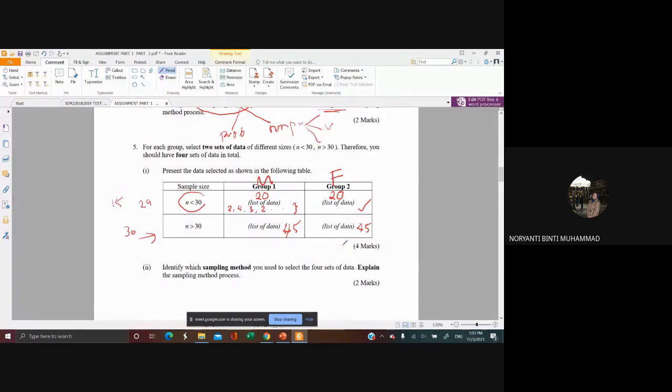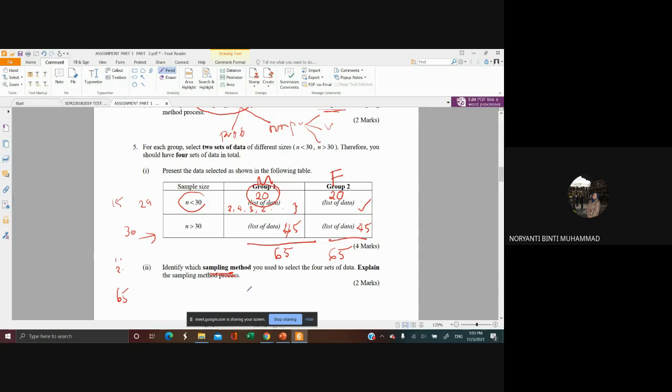Now, identify which sampling method you use to select the data set. Here, some students have the list of the data set from Excel, after you collect data using Google Form and you have raw data. From that raw data, you have listed the data. Let's say the total here is 65 male, 65 female, so you have 1, 2 until 65. How do you choose 20 students?